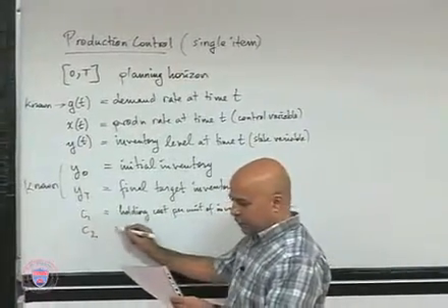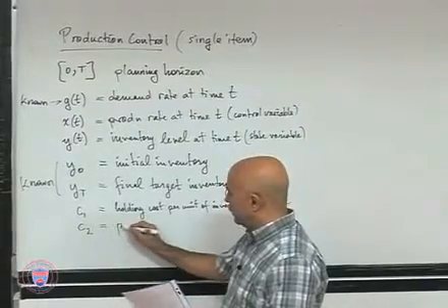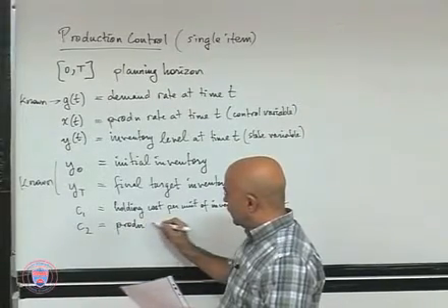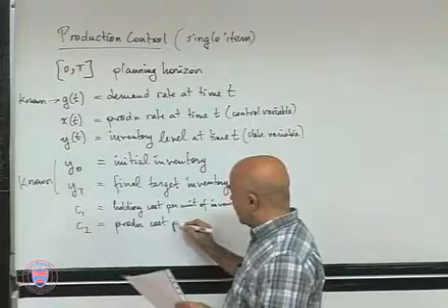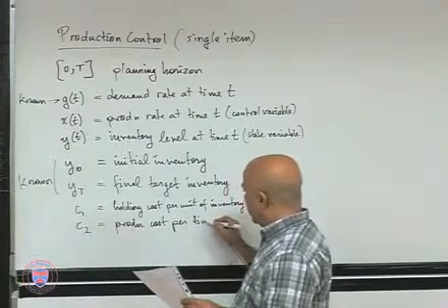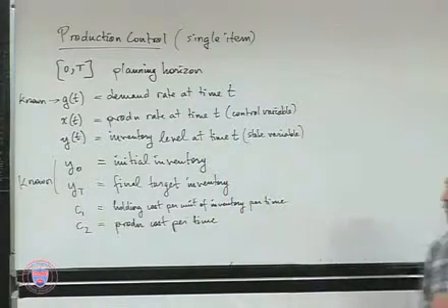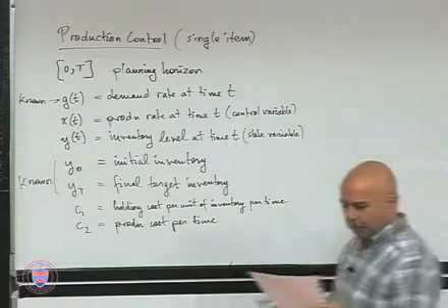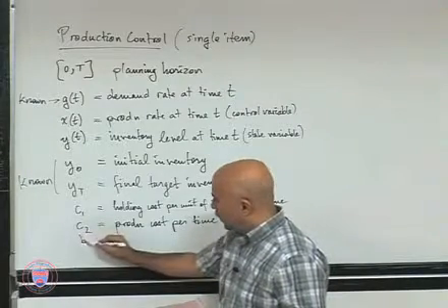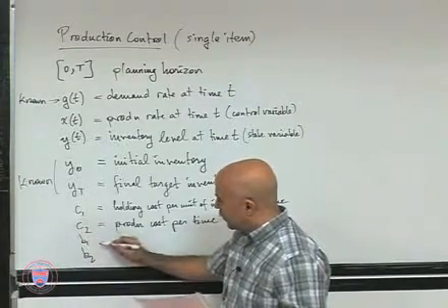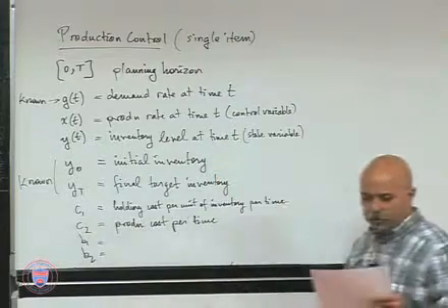C2, production cost per unit time, okay? And B1 and B2, these are your control limits.